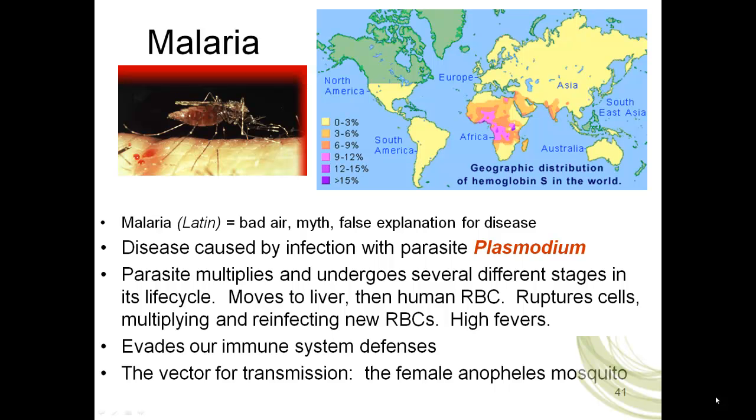It wasn't the air itself, but what was flying through the air was the vector for the transmission, the female Anopheles mosquito. So the female, of course, bites someone who's infected, gets some of the blood, and then goes and bites another person. And when a mosquito bites you, they release some of their saliva to numb you so you don't feel them piercing you.